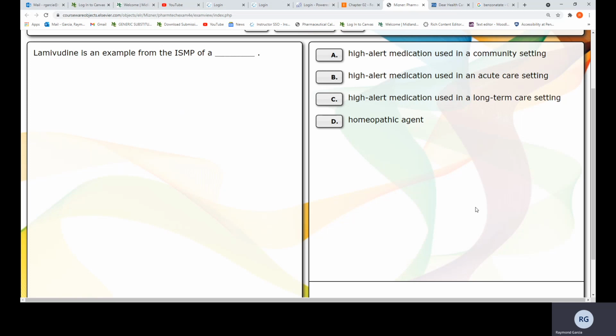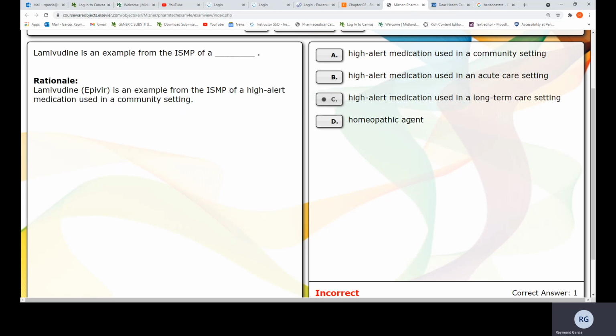It's an antiviral drug used in HIV. Community setting is like your retail community. Long term. It's actually in the community setting.